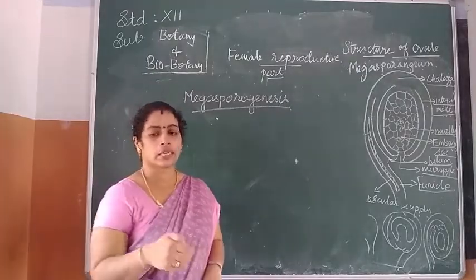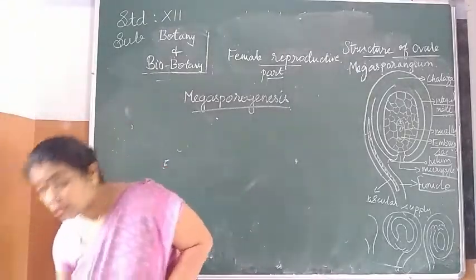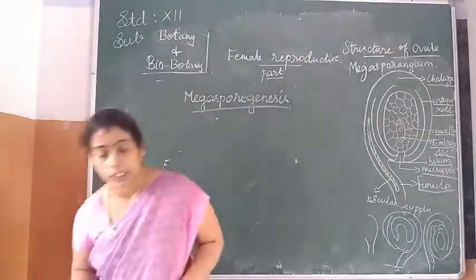Nucellus consists of a mass of tissue surrounded by an outer covering epidermis.